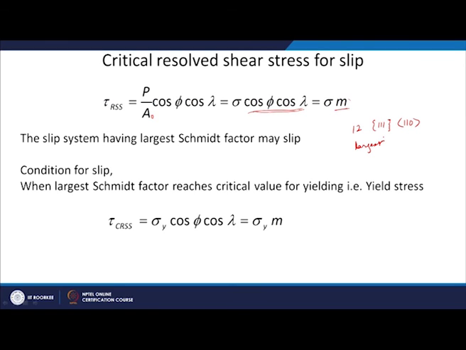obviously. So, when the largest Schmidt factor reaches the critical value for yielding, so that yield stress, then this tau RSS becomes tau CRSS, critical resolved shear stress, when I am replacing sigma by sigma y now, and cos phi cos lambda, the m, is the maximum for whichever this is. If this factor reaches the critical resolved shear stress, then the slip is going to take place.